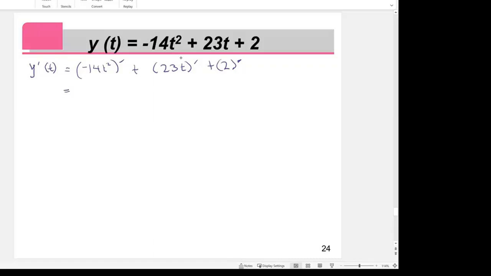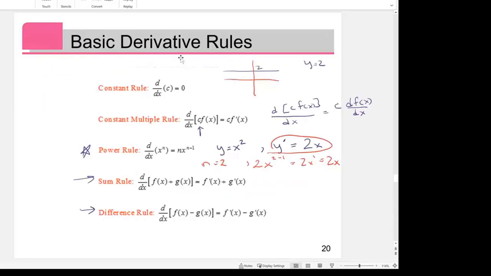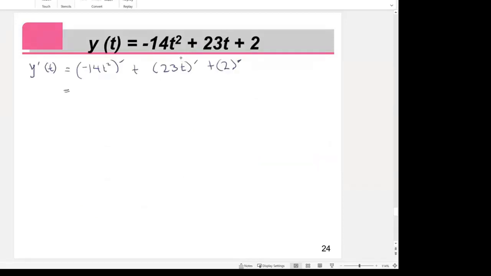Now I want to use the constant multiplication rule, which means I can take the constant away from the function when I take the derivative and just take the derivative of the f of x part. So what do I mean by that? I'm going to say this is negative 14 times the derivative of t squared plus 23 times the derivative of t plus 2, or the derivative of 2. It doesn't really matter, okay?